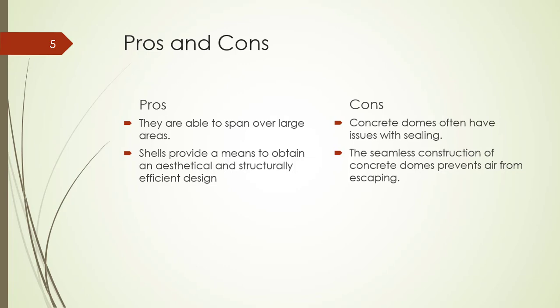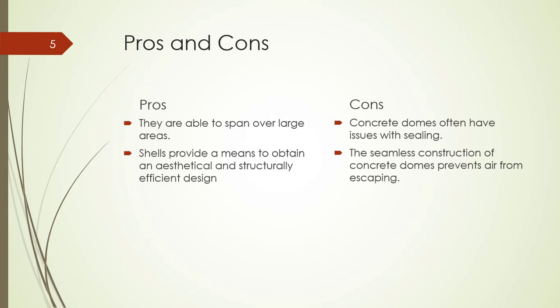Shells provide a means to obtain an aesthetic and structurally efficient design. They can take several shapes and forms which lie at the mercy of the designer. Coupled with the fact that they take up less material for construction, shells have become increasingly popular in the last several decades.